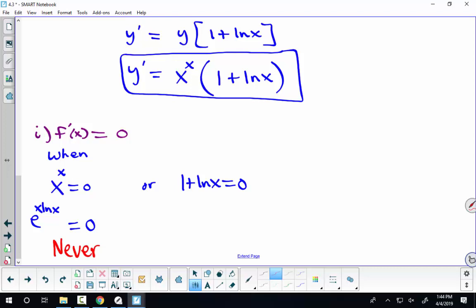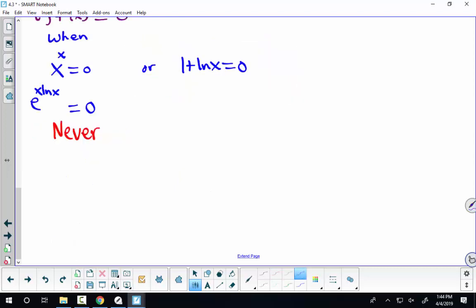When does 1 plus ln of x equal 0? Subtract negative first?